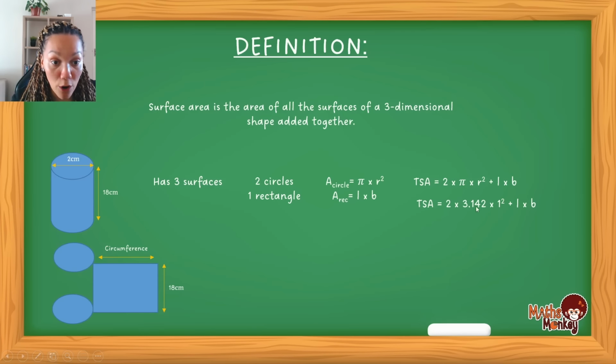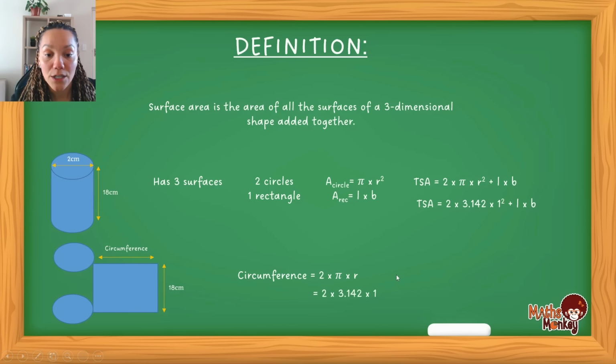So again, this part is for the 2 circles, plus length times breadth, which is essentially circumference times breadth. So what is the circumference of a circle? The circumference is 2 times pi times radius, right? So the circumference, which is just this length here, is equal to 6.284 centimeters.